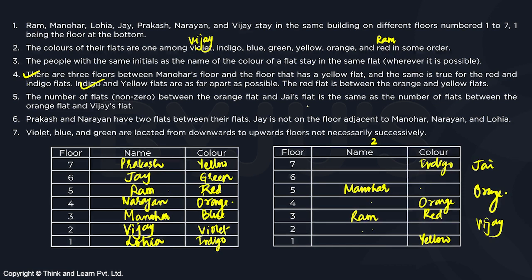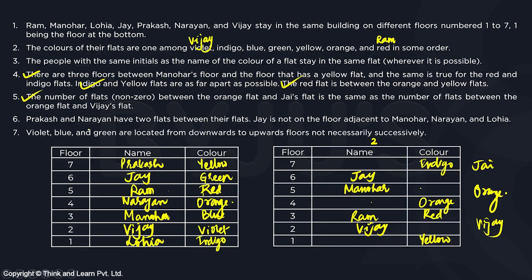Indigo and yellow flats are as far apart as possible. The red flat is between the orange and yellow. This is also true. Next, the number of flats between the orange flat and J's flat is the same as the number of flats between orange flat and Vijay's flat. So we have orange here, so that would mean we will have J here, and that would mean we will have Vijay here.